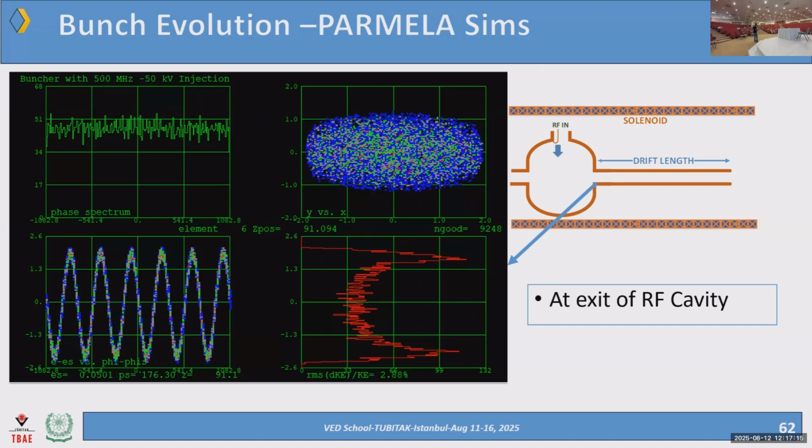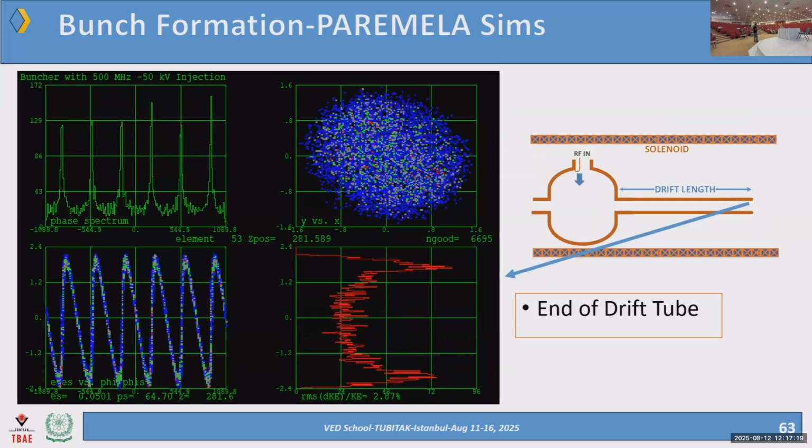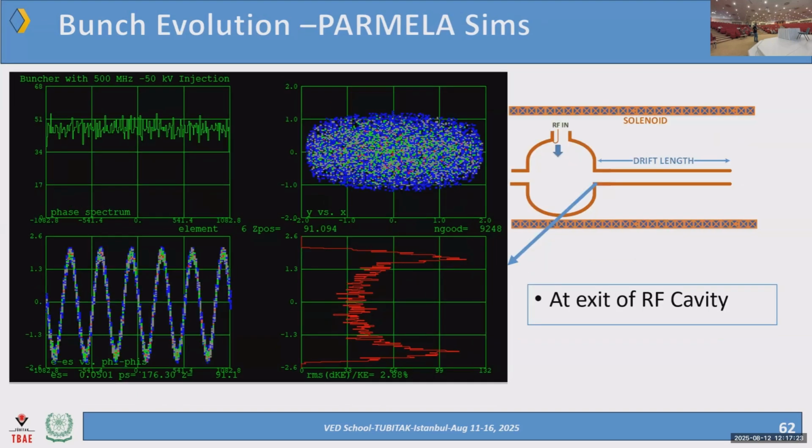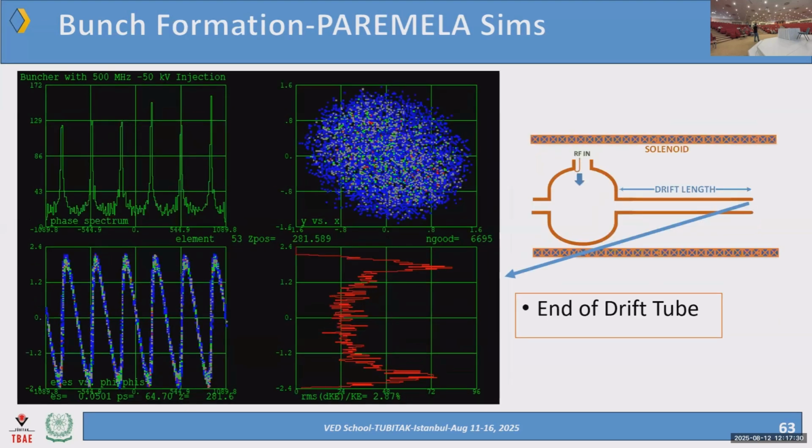Is it the case? And once the drift section is achieved, I also should see that there is not much distribution in phase.